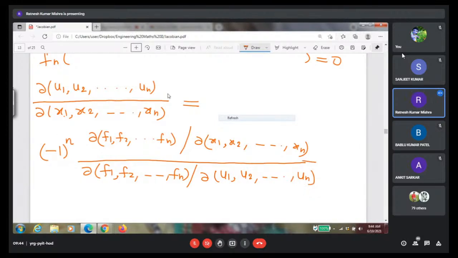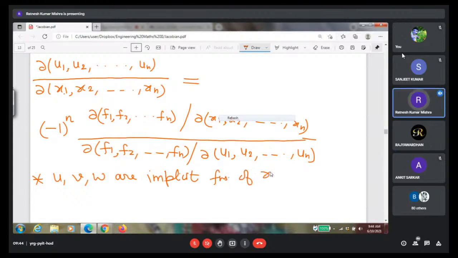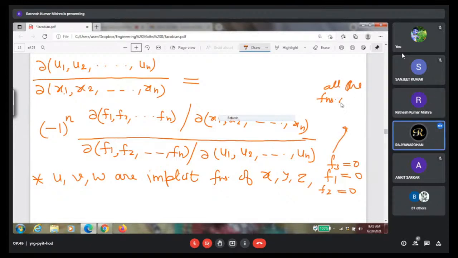Suppose u, v, w are implicit functions of x, y and z, and f1 equal to 0, f2 equal to 0 and f3 equal to 0. f1, f2, f3 all are functions of x, y, z, u, v and w.